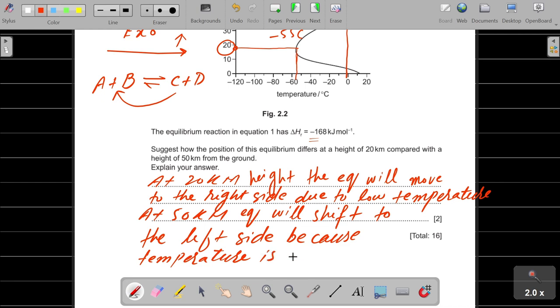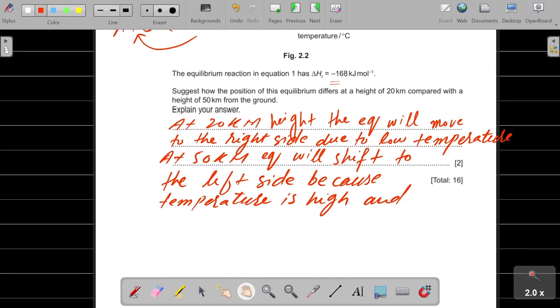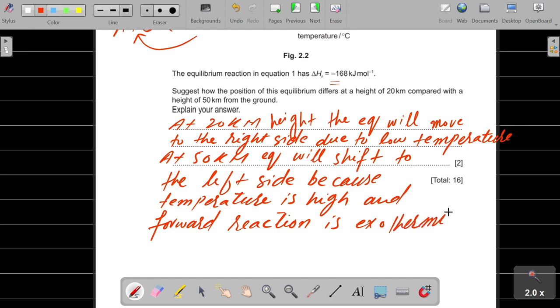Temperature is high and the forward reaction is exothermic, okay. When the reaction is already exothermic, we cannot increase its temperature. You will get a lower amount of product, and it will make more reactant.